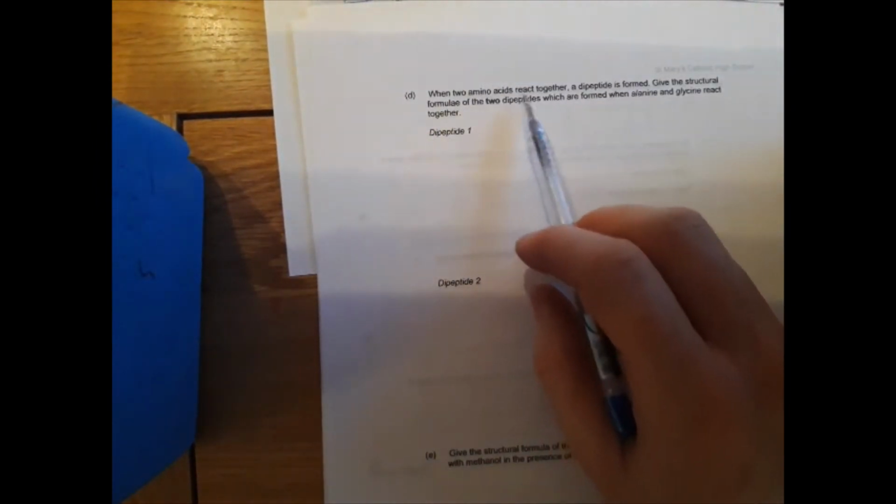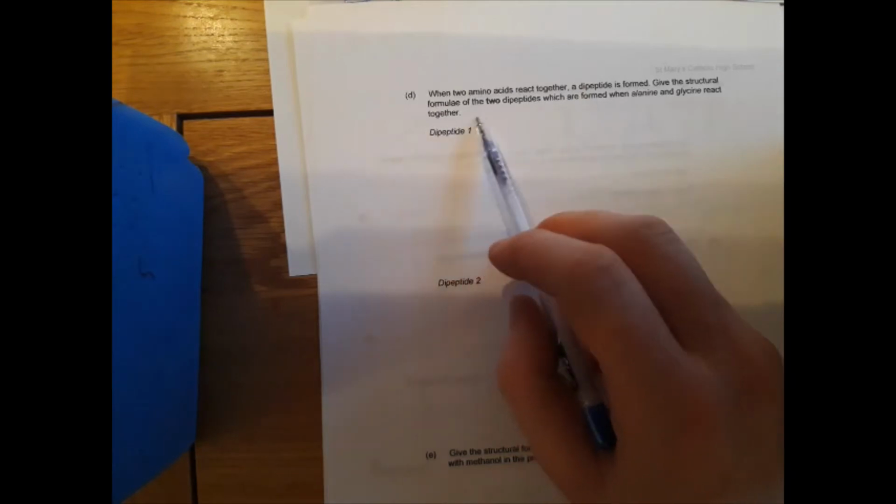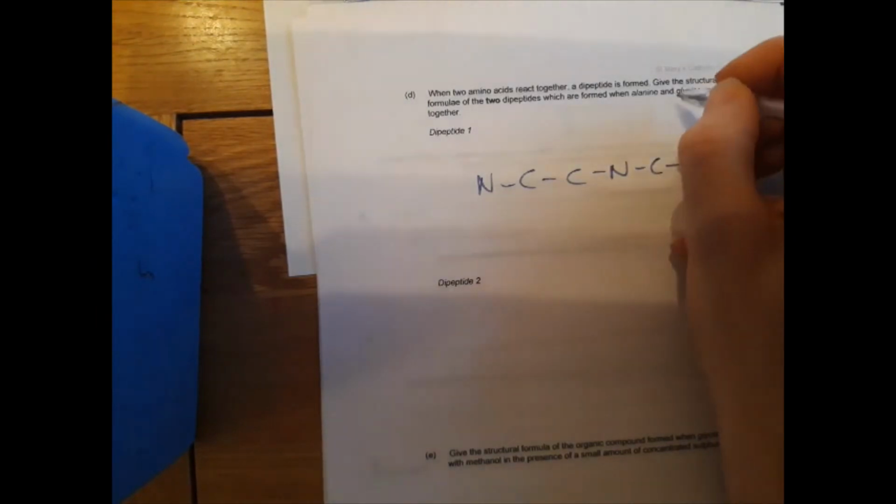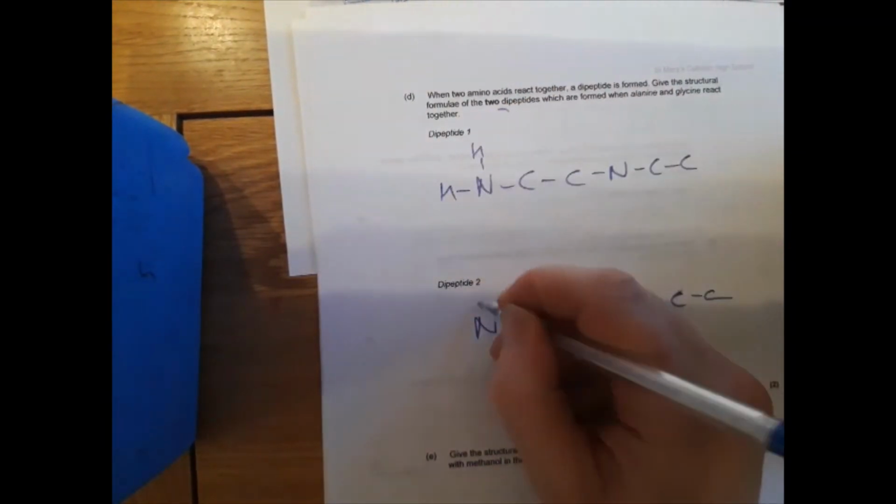When 2 amino acids react together, a dipeptide is formed. Give the structural formula of the 2 dipeptides formed when alanine and glycine react together. NCC, NCC, 2 dipeptides. Make sure we get the acid on one end, amine on the other.